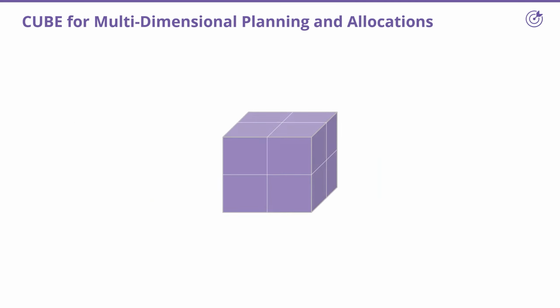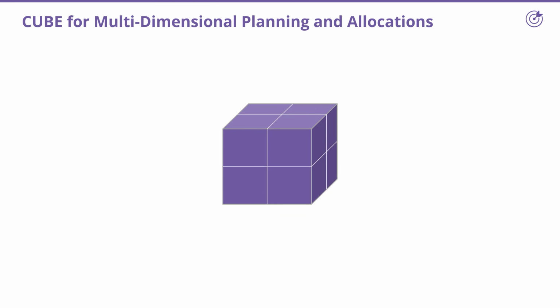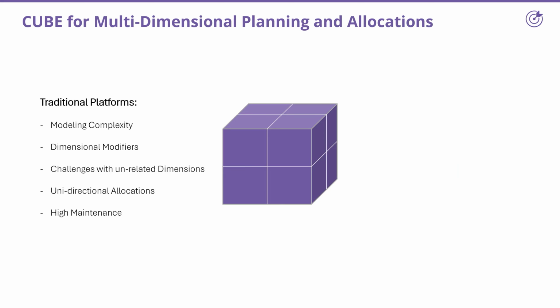Let's see how traditional platforms face difficulties while handling multidimensional cubes. Now, modeling complexity is very high in traditional platforms. And when you have unrelated dimensions coming in together, or let's say a different scale of dimension of the same hierarchy coming in for your module, you will be forced to create and use dimensional modifiers.